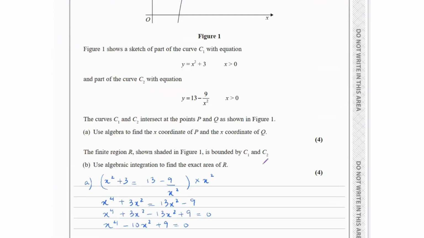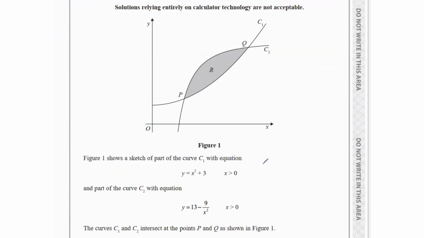Then it says that the finite region R shown shaded in figure 1 is bounded by C1 and C2. Use algebraic integration to find the exact area of R. If I draw a line over here, this is given as 1, this is given as 3. So R is going to be area of C2 minus the area of C1.